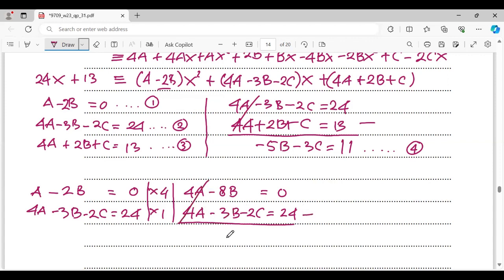Eliminate a, 5b, 5b plus, because 0 minus 24.